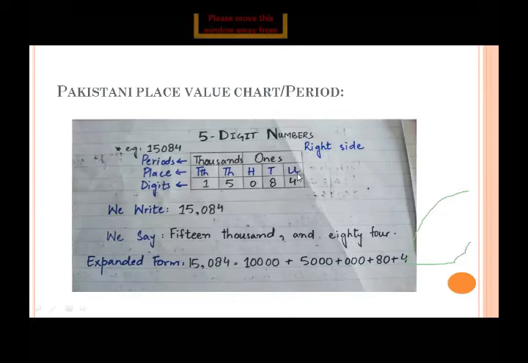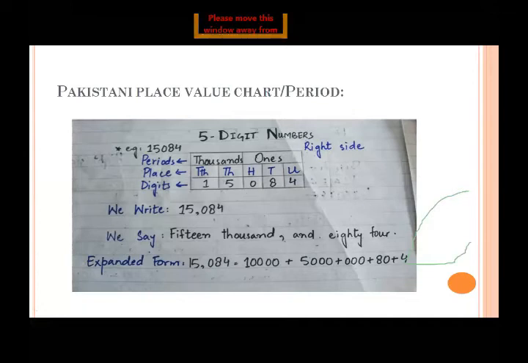So ones consist of 3 places: units, tens, and hundreds. So 4 comes under the place of units, 8 at the place of tens, and 0 at the place of 100.